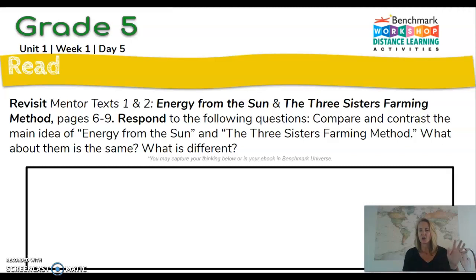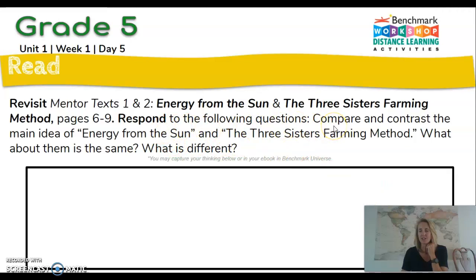Take a look at the notes that you left to remind yourself, get yourself back into connecting with those articles. And then we're going to talk about the article. And since we're not in person, we're going to have you write those answers. Okay, and the answers can be written right in your English notebook.